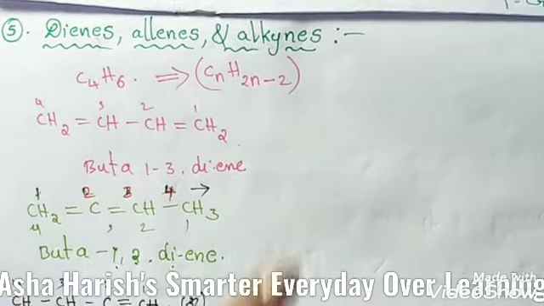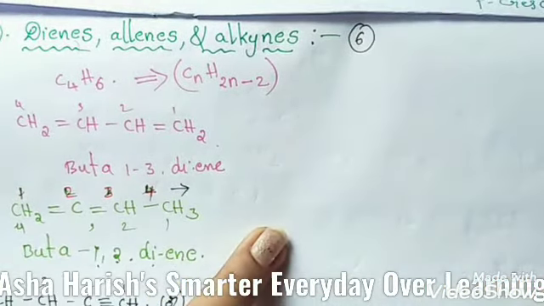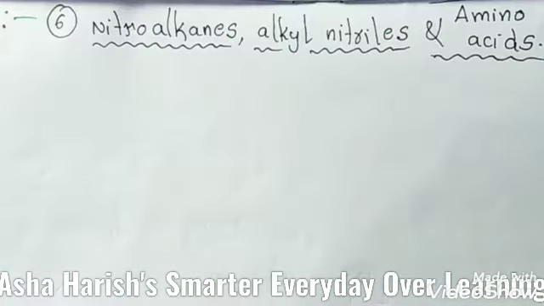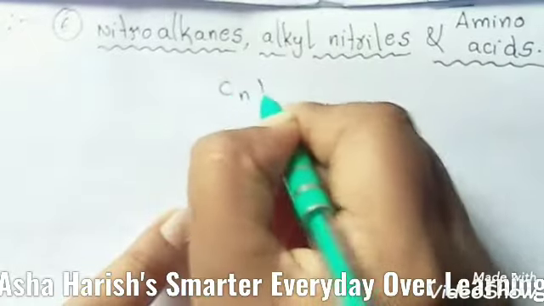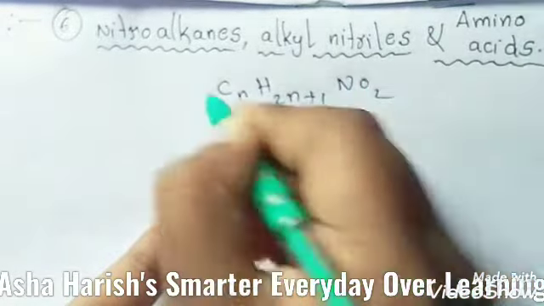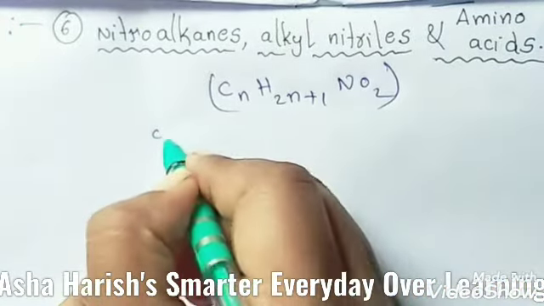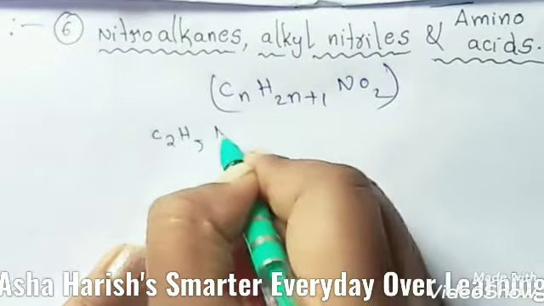Okay, number 5. Now students, number 6, you have nitroalkanes, alkyl nitrites and amino acids. CnH2n+1NO2 is the general formula, which shows functional isomerism. For example, students, C2H5NO2.